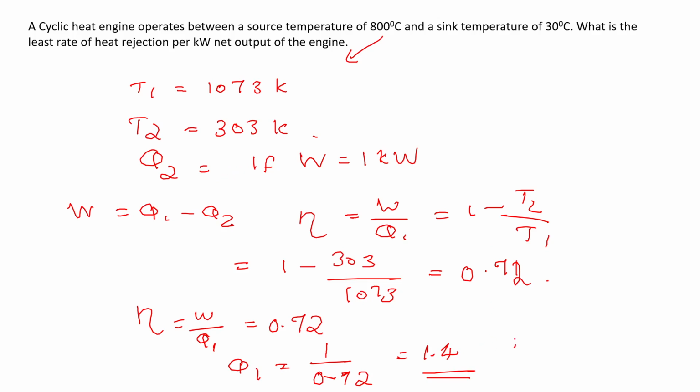So Q2 will be Q1 minus W, which is 0.4. So this 0.4 is the least rate of heat rejection per kilowatt net output for the heat engine.